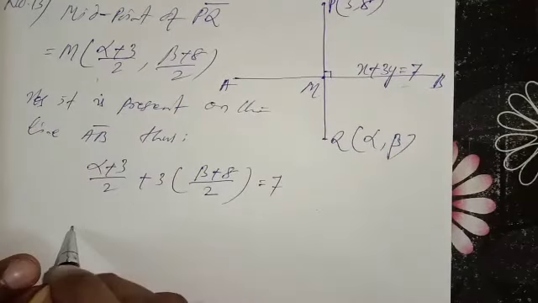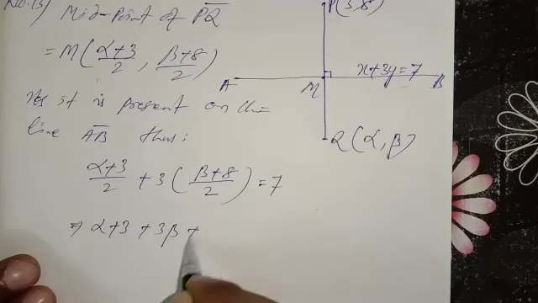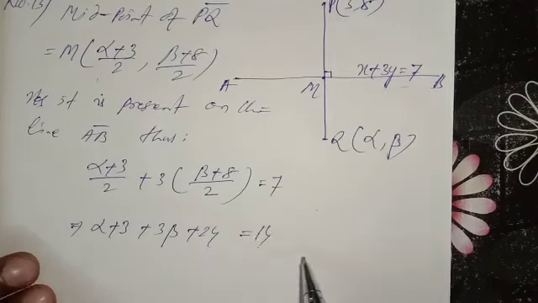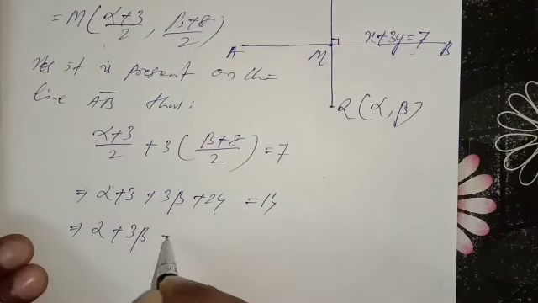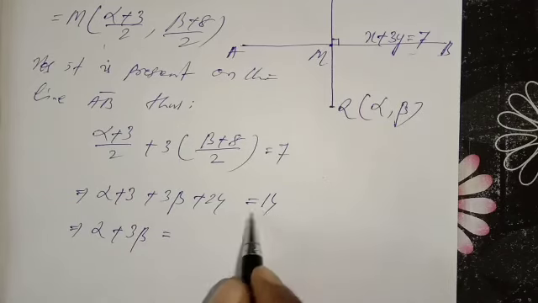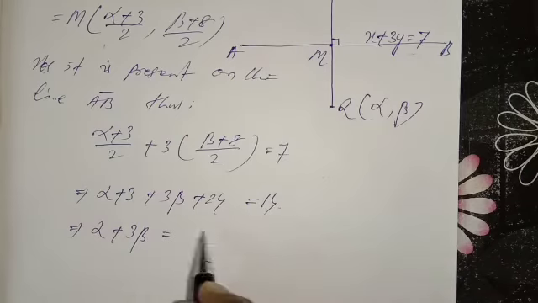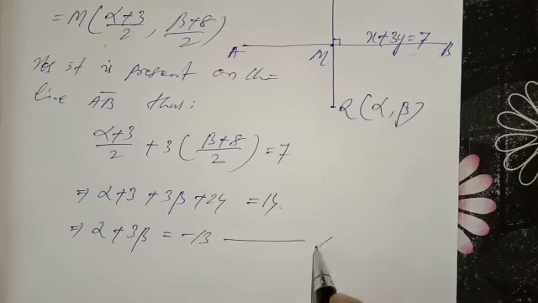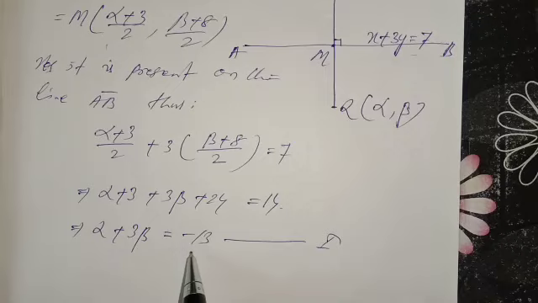The LCM will be 2. Alpha + 3 + 3 beta + 24 = 14. That means alpha + 3 beta = 14 - 27, which is -13. This is equation number 1: alpha + 3 beta = -13.